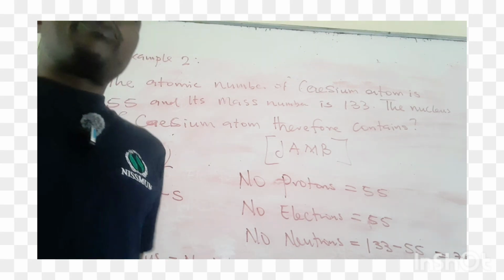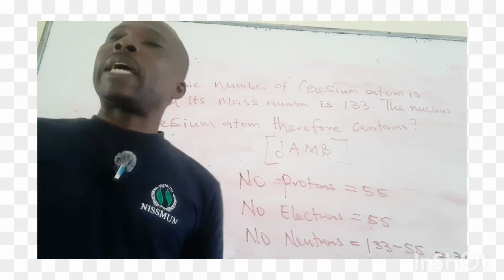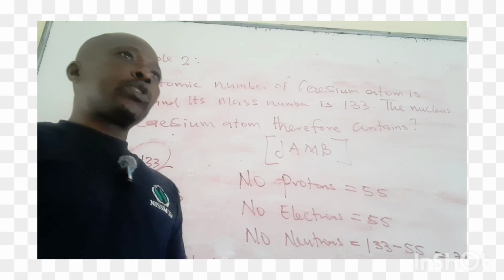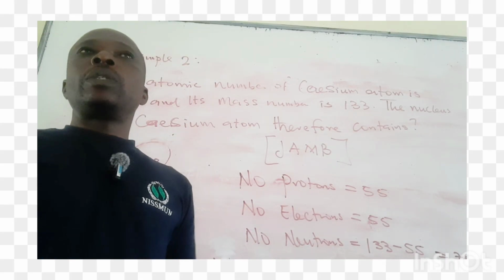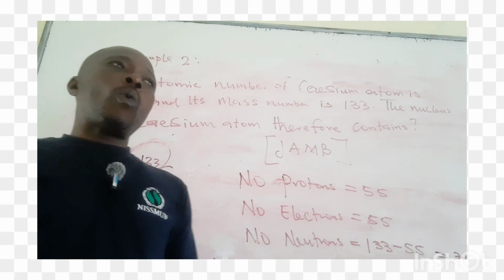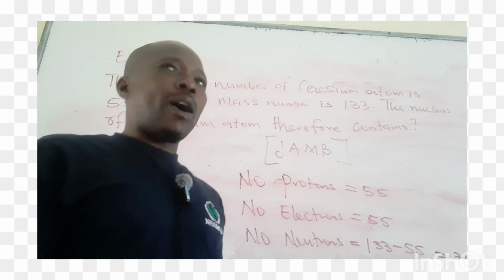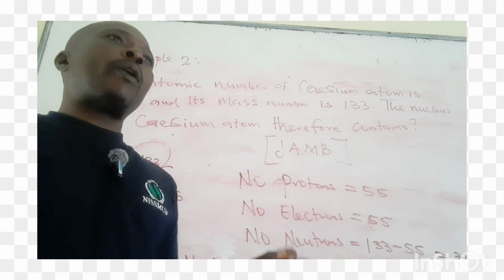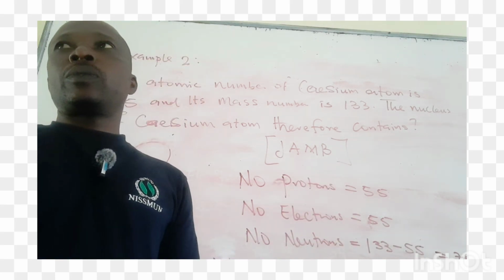So, meaning that the protons and the neutrons make up the content of the nucleus of an atom, and the protons and neutrons together are referred to as the mass number of an atom, while the proton alone is referred to as the atomic number of an atom. In an atom, the number of protons is equal to the number of electrons.